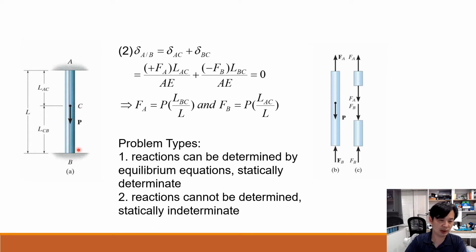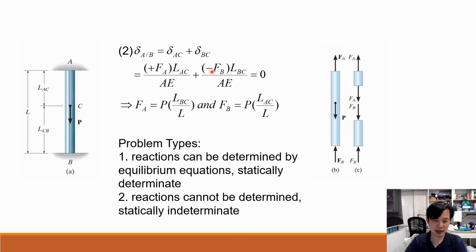The reason is that, based on the free body diagram of section AC, we found that inside the section of A and C, we only have the internal force FA. The other part, CB, would be FB. They have totally different internal forces in each segment. So this one is FA, this one is FB, the length of LAC could be this part. AE are exactly the same. The other side would be LCB.